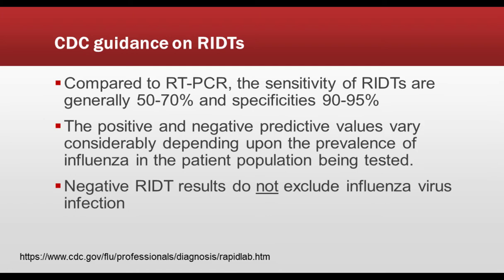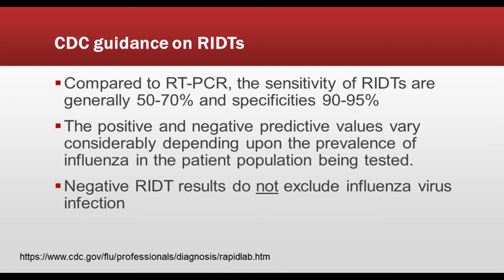If you do a rapid test in a patient in August, when you don't have influenza virus circulating in the community, any positive you get is almost surely going to be a false positive. Whereas if you do the test when the virus is very common, you can be much more confident that a rapid test that's positive truly represents an infection.